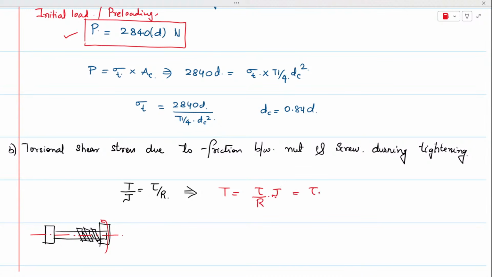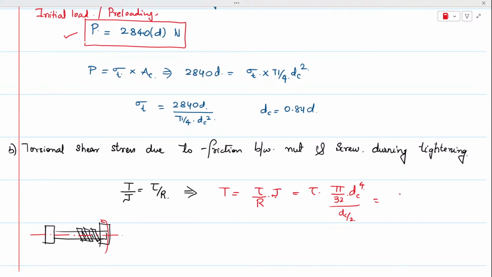This is tau into J, where J is pi by 32 dc to the power 4. Why? The reason is dc is the core diameter and that is the weakest part in the bolt, and from there only the failure is going to initiate. Pi by 32 dc power 4 divided by dc by 2.